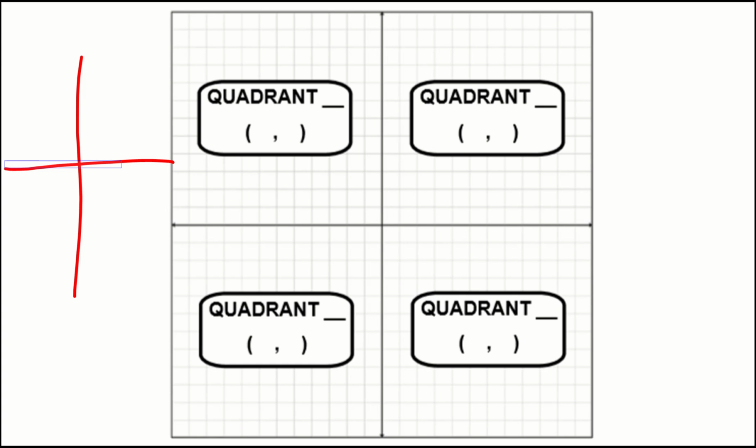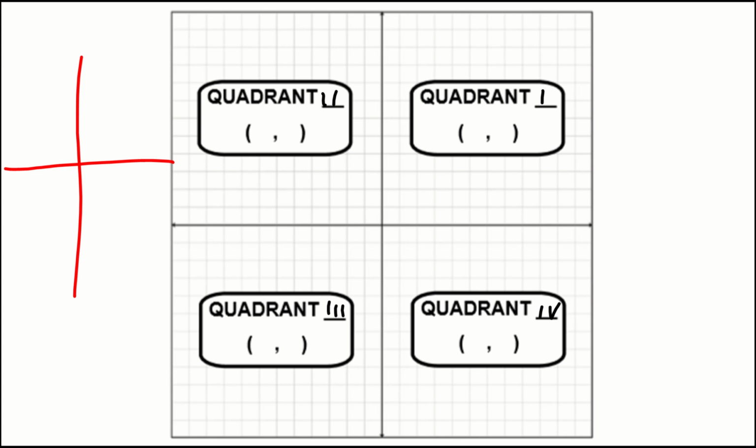So quadrant 1 is in the top right, and it makes like a C shape. The rotation we go is counterclockwise. So 2 is there, 3 is there, 4 is there. All right, so label your quadrants on your sheet.